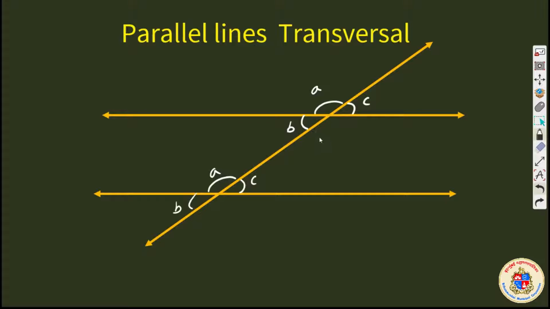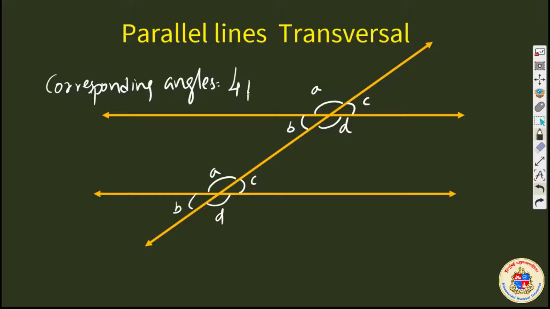If I name it as C, and this is another set of corresponding angles. So corresponding angles are formed. How many pairs? A, B, C, D. That means 4 pairs of corresponding angles are formed.